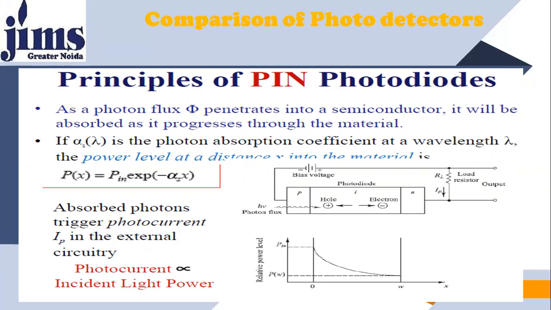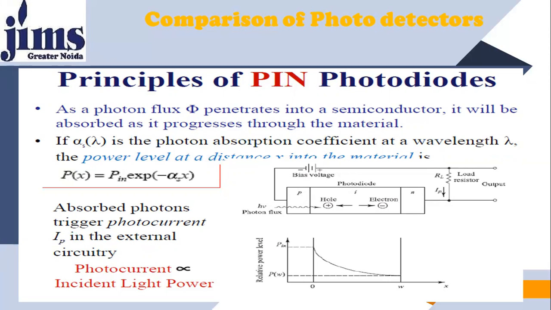PIN photodiode means we have to insert an intrinsic layer, and this is sandwiched between P and N type semiconductors. And the photons that are coming from the optical fiber, photon is a basic element of light, having energy of h mu. h is Planck's constant and mu is the frequency.